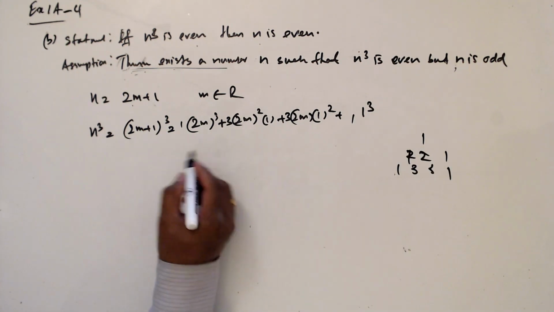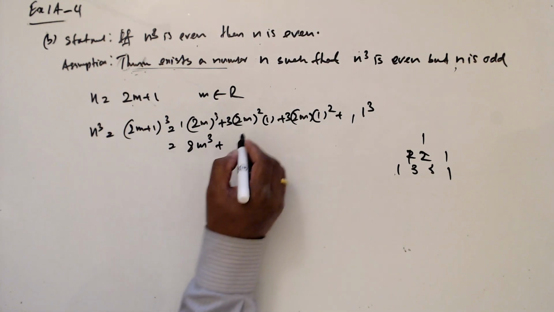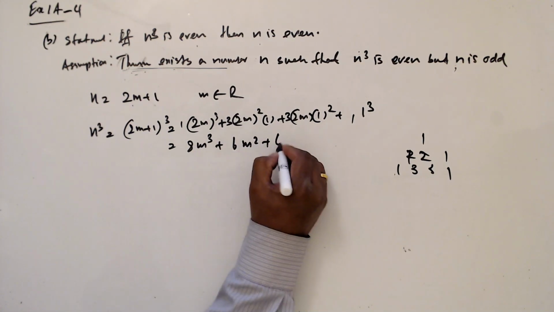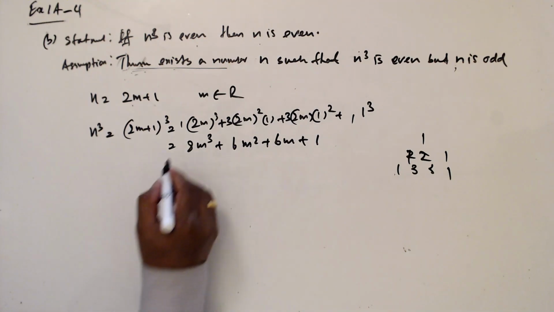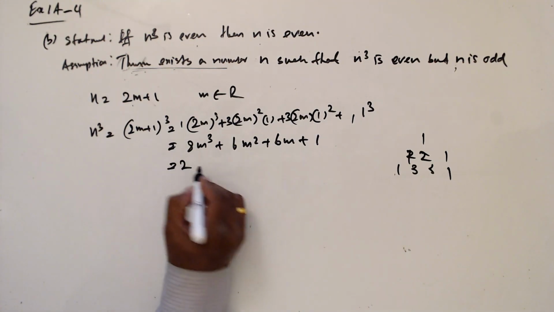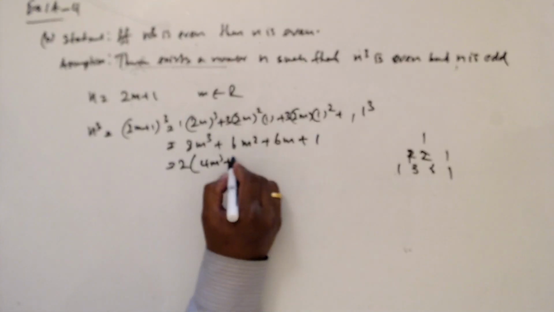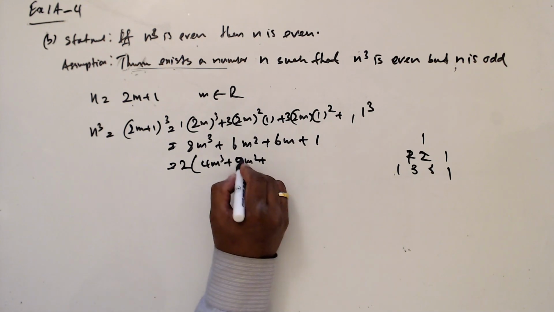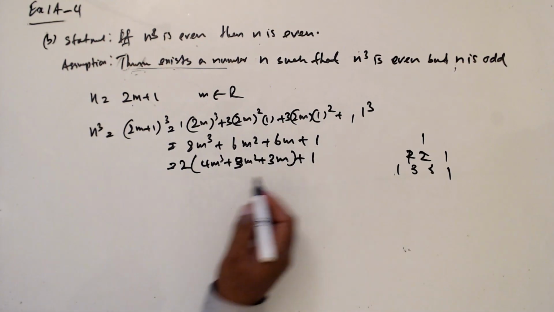So this is 8m cubed plus 12m squared plus 6m plus 1.